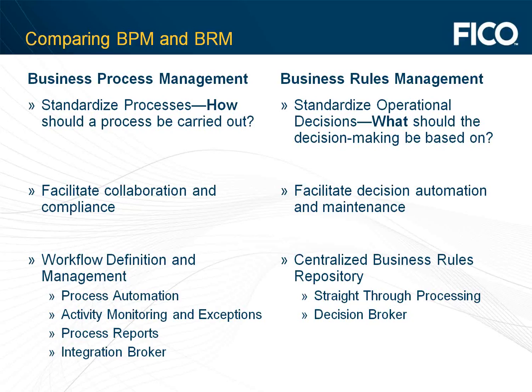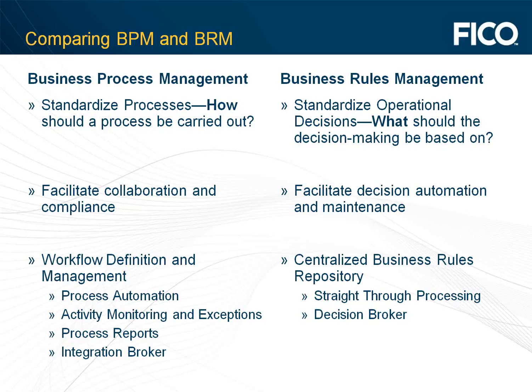What should the decision making be based on? What are the information elements and how does that result in the decision to be made? The BPM really focuses on collaboration and compliance, whereas the rule systems focus on decision making, automation, and making sure that we have a consistent process for maintaining the business rules.